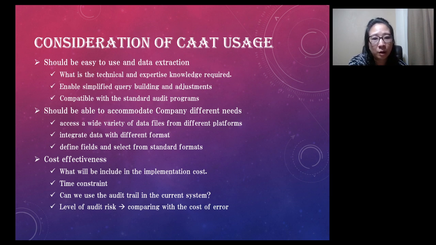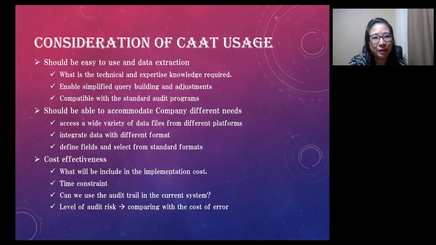We need to remember also about the time constraint. Remember again that the CAAT tool is meant to help the audit process be faster. So if the CAAT tool implementation takes longer than the auditing process, we need to reconsider.